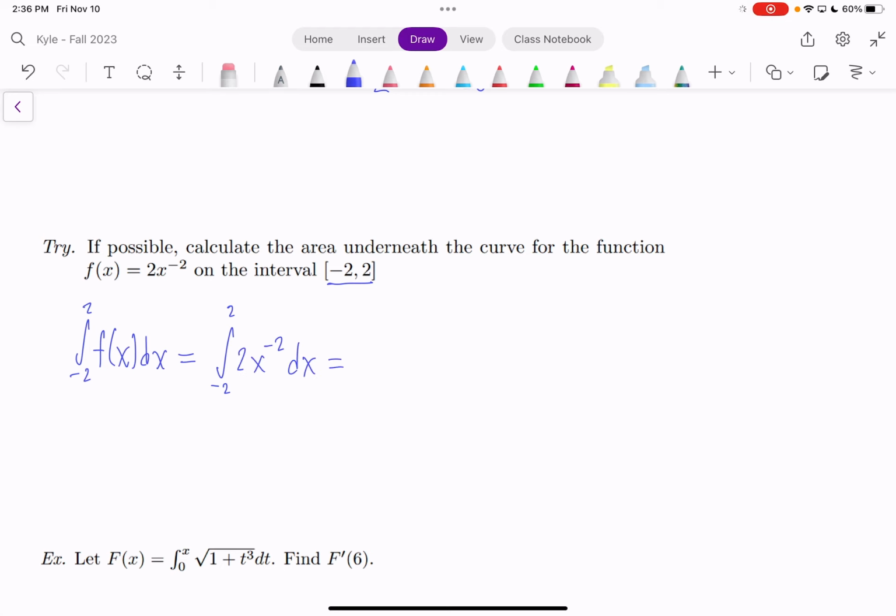And we'll evaluate that from negative 2 to 2. Maybe some people already see it. This is going to give us negative 2 times 1 over 2, subtract negative 2 times 1 over negative 2. So this will give us negative 1 minus 1 equals negative 2.